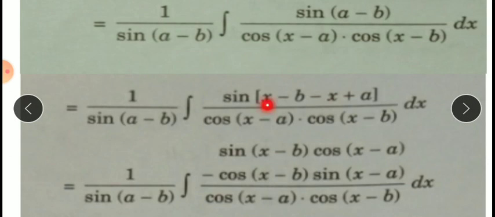If we apply formula sin(A minus B), then what is A? X minus b. B is replaced by x minus a. We know formula sin(A minus B) is equal to sin A cos B minus cos A sin B. A means x minus b, B means x minus a. Denominator is as it is.